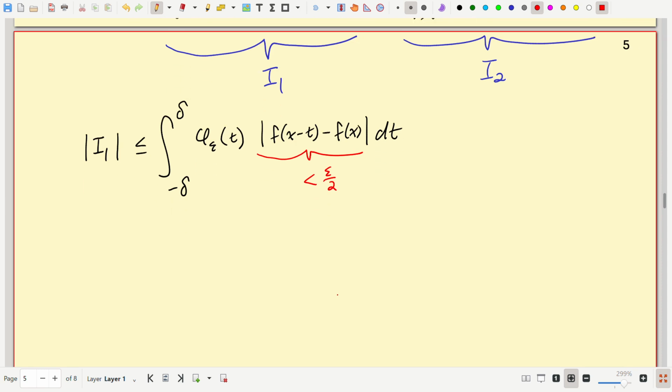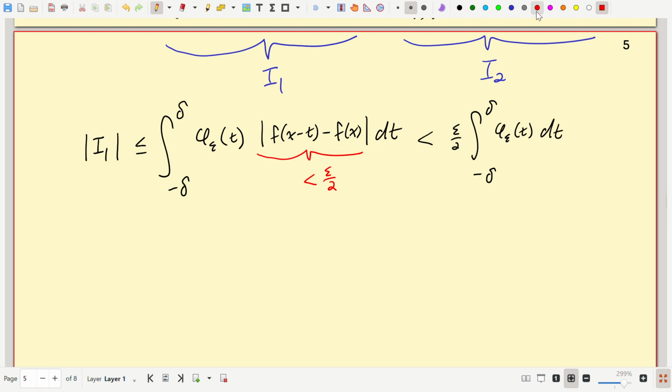But the good news is, even though it's gigantic on that small interval, the integral of the kernel is 1. So that's the key here. I can pull this epsilon over 2 out, and this is less than epsilon over 2 times the integral from minus delta to delta of phi sub epsilon t dt.